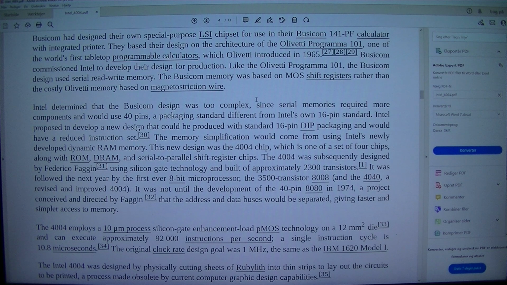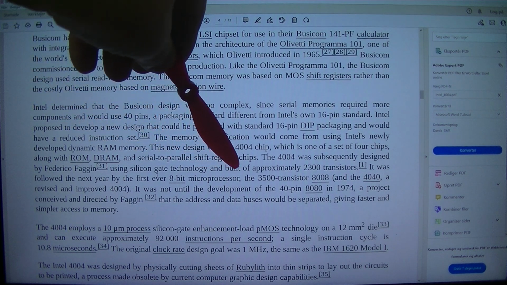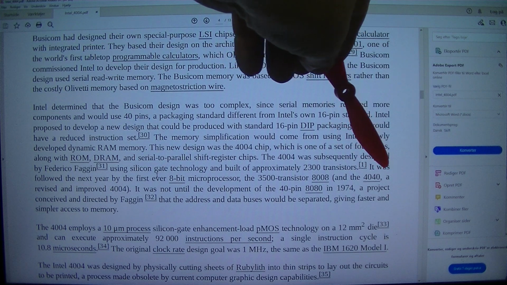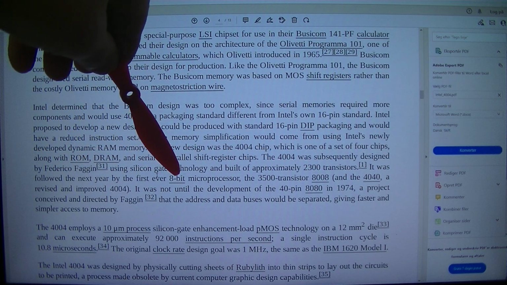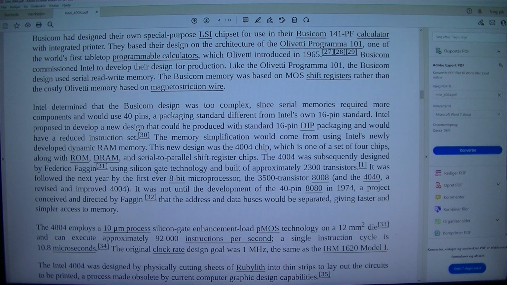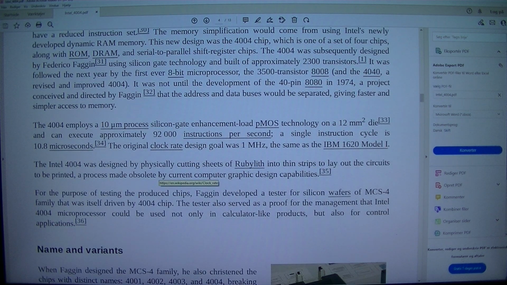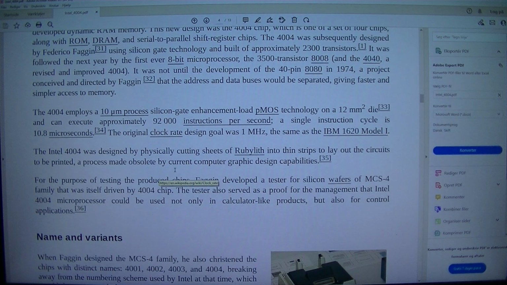The 4004 was subsequently designed by Federico Faggin, 31, using silicon gate technology and built of approximately 2,300 transistors. It was followed the next year by the first ever 8-bit microprocessor, the 3,500-transistor 8008, and the 4040, a revised and improved 4004.